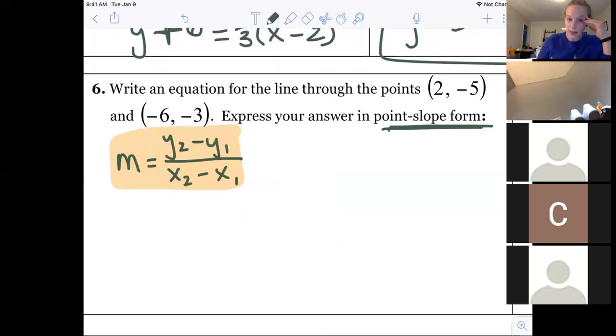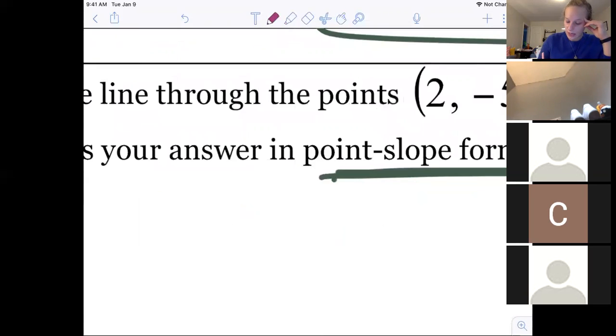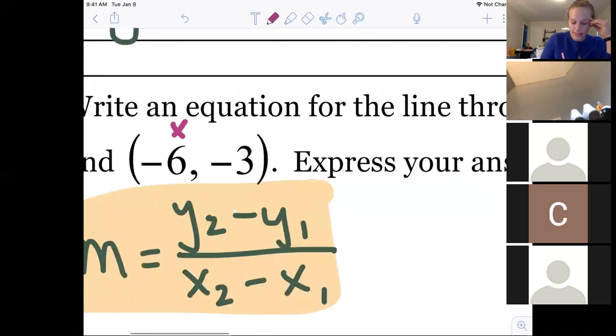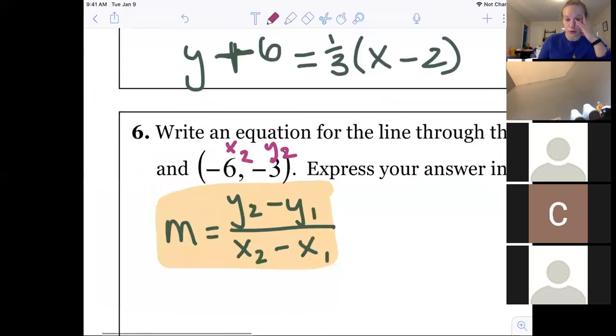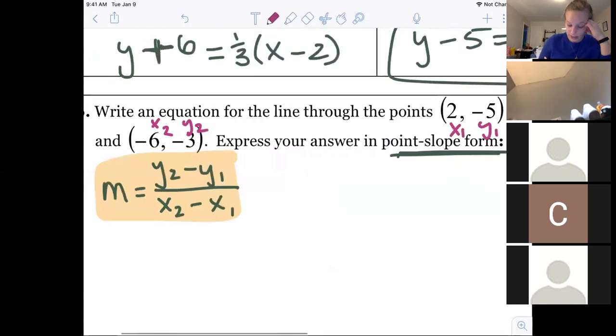All right, so now I'm going to plug in my points. I'm going to label my points. I don't know if I've said this to your class, but don't be too cool for school and not label your points. If you mess up and flip your x's and y's, or you don't use your 2 and you use your 1 instead, that's going to feel way sillier than if you just labeled your points and did it correct the first time.